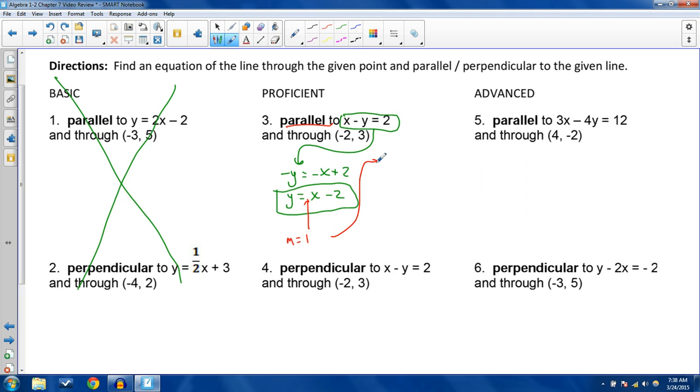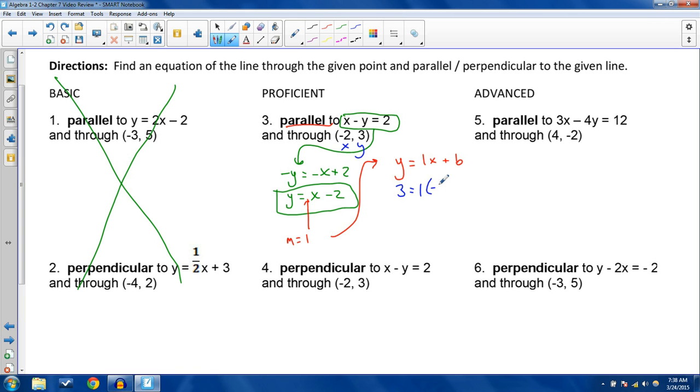So going into this new equation, we're going to have an equation that says y equals 1x plus b. And we need to find out what b is. You can't find out what b is unless you have x and y. And you go, hey, we do. We have this x and this y. Let's use those. Negative 2 can go in for x here, 3 can go in for y.